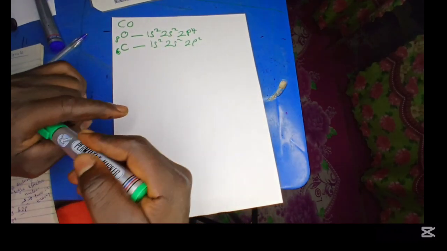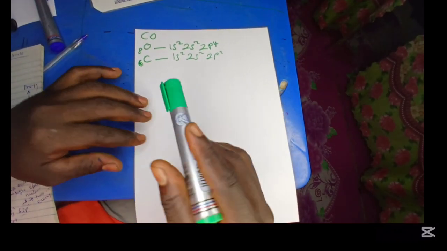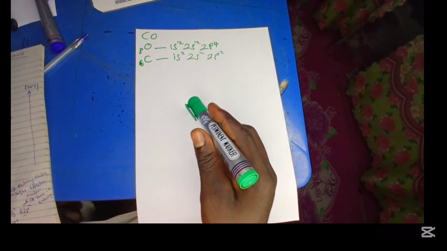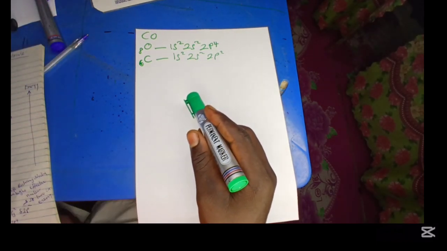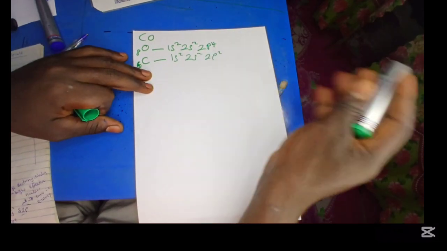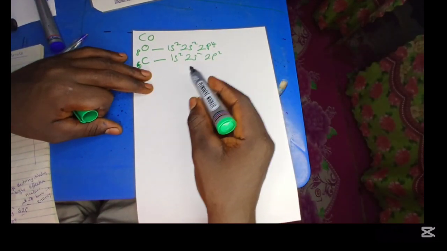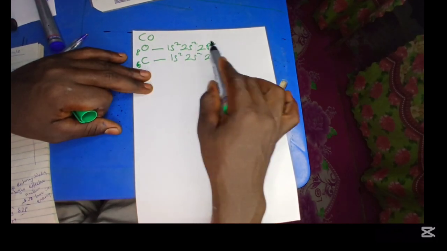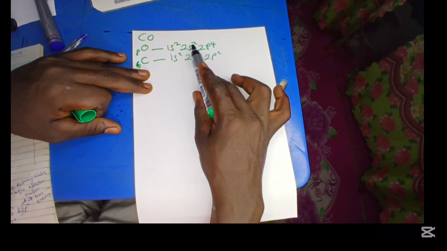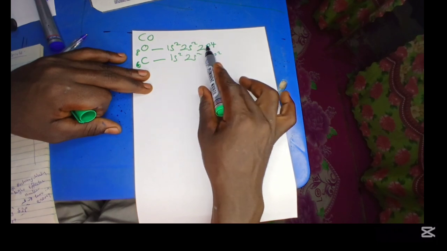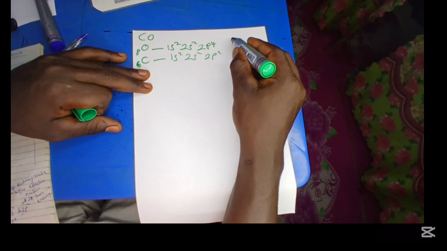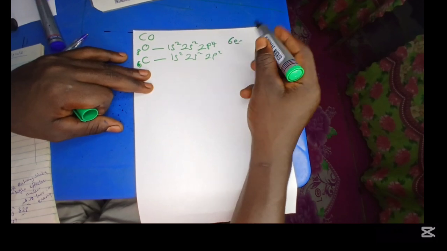Now, for drawing the molecular orbital diagram, we are only using the valence electrons, starting from 2s to 2p upward. For oxygen, how many valence electrons do we have? 2s2 and 2p4, so a total of 6 electrons.